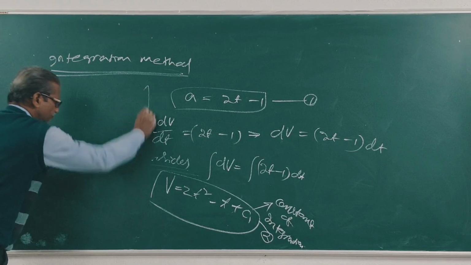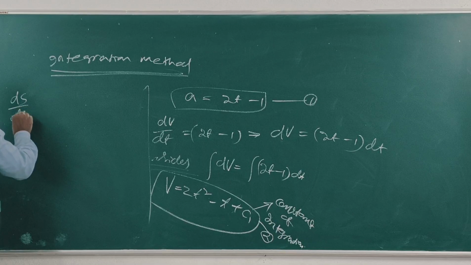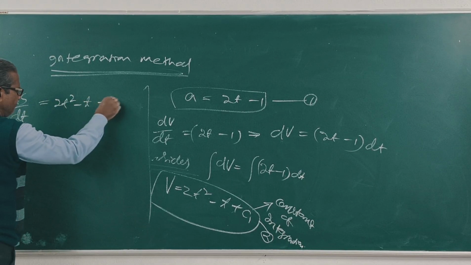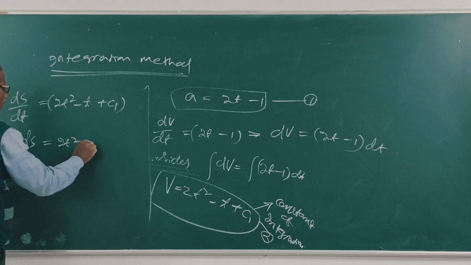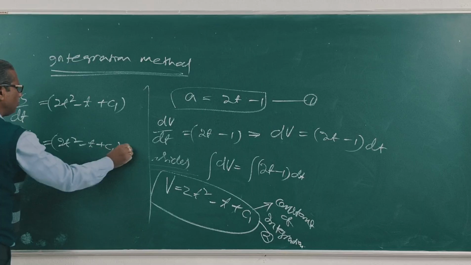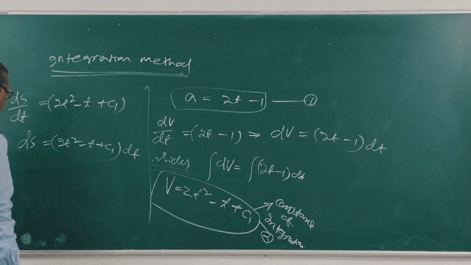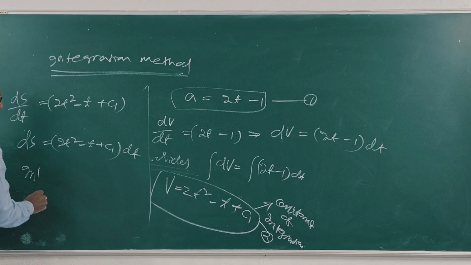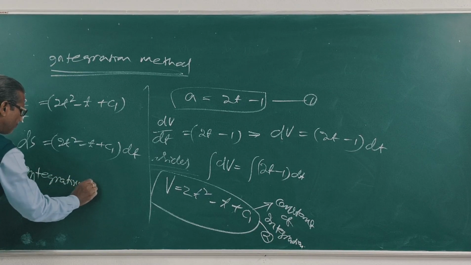Now what is v is equal to ds by dt. This is 2t square minus t plus c1. So ds is equal to 2t square minus t plus c1 into dt. Right? So this implies again integrate both sides. Integrating both sides.